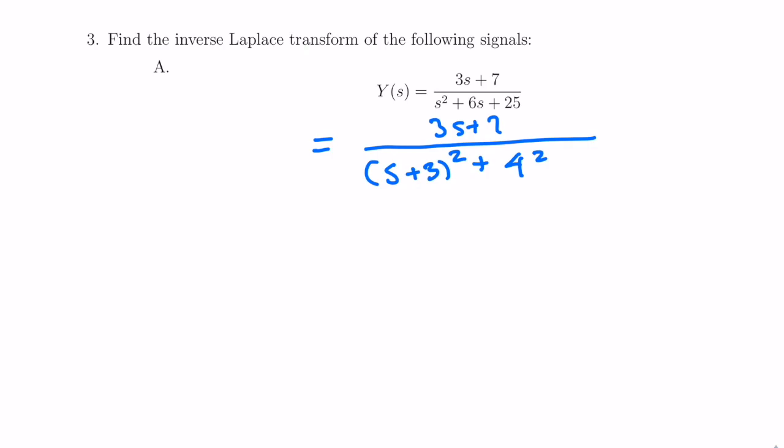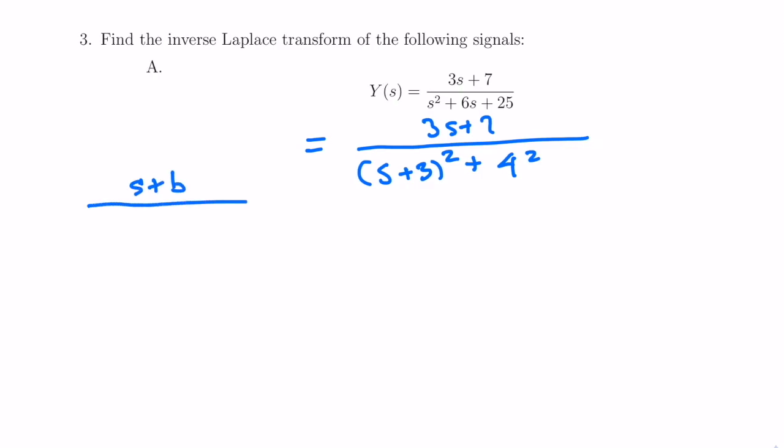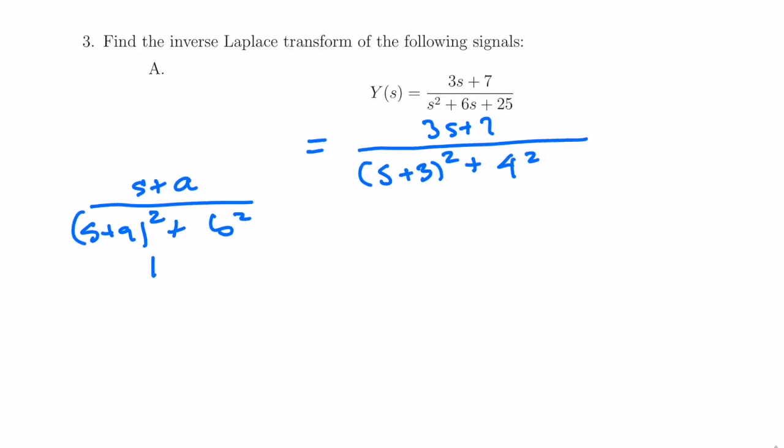We're trying to make this look like s plus a over s plus a squared plus b squared. That's the cosine term.